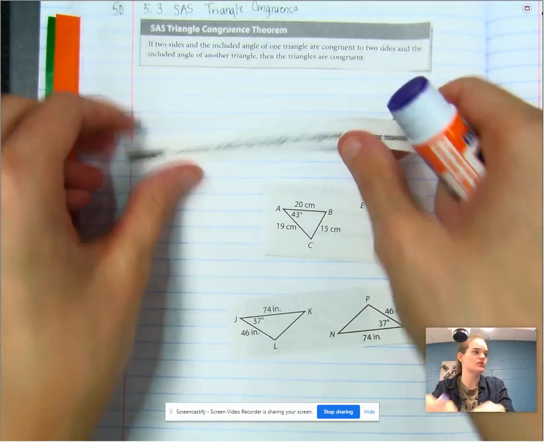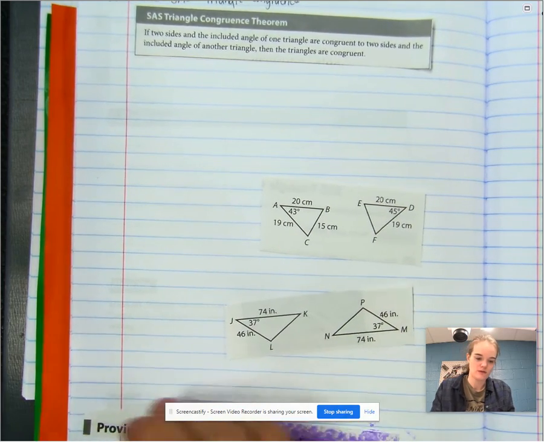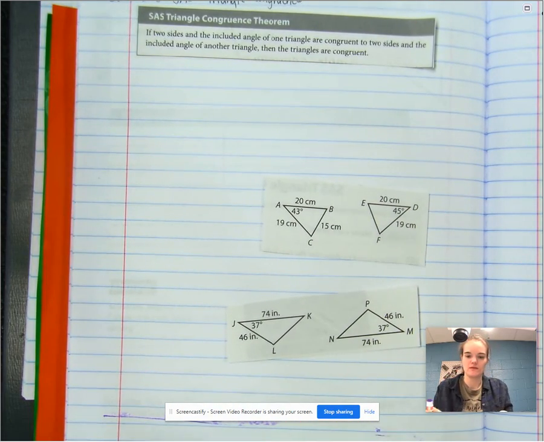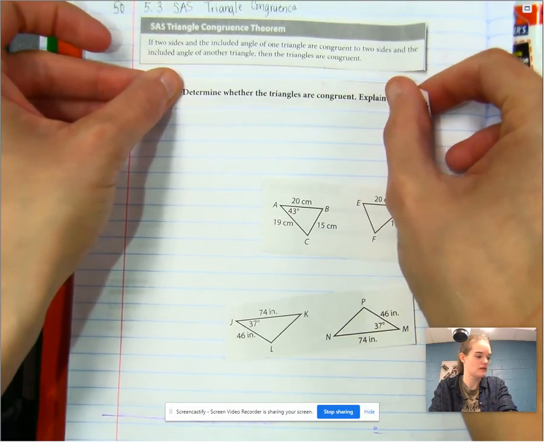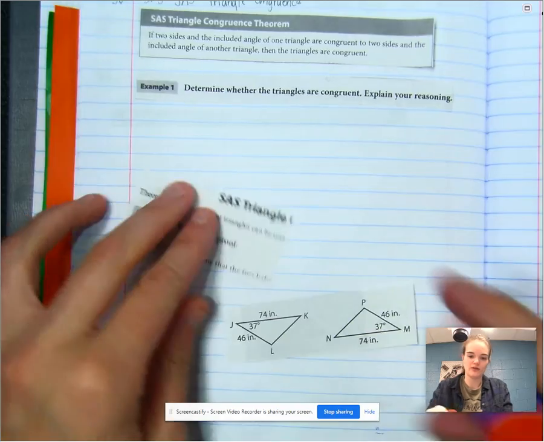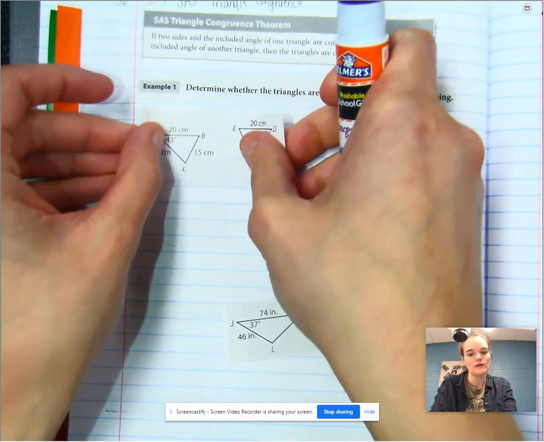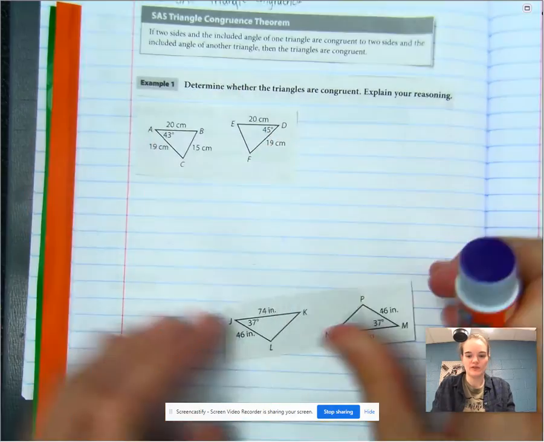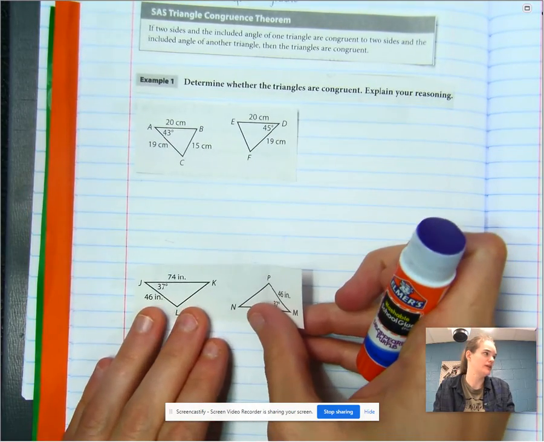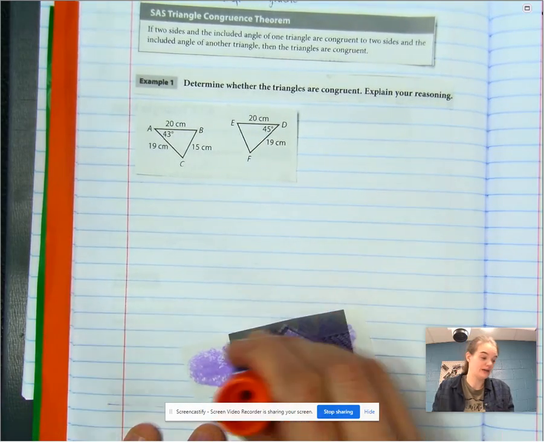Then I'm going to glue in the directions. Glue in this one with A, B, and C first. Skip down to about halfway and glue in this one. I don't know if that's halfway. It doesn't matter. Skip 4 or 5 lines and you're good.